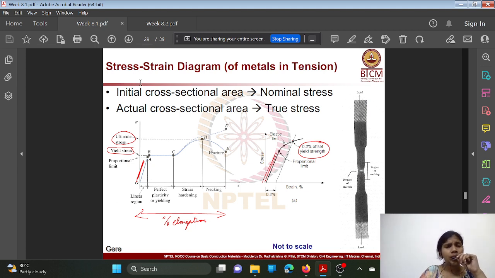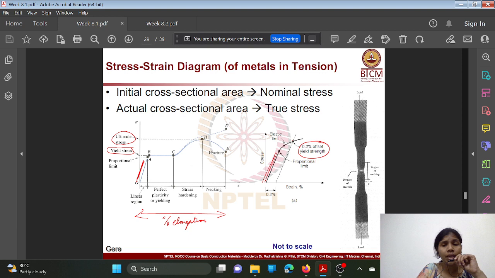And you know this stress strain diagram of metals in tension, you know how it would be. And you know what nominal stress and true stress are, because when you calculate the stress using the initial cross section area, it is known as nominal stress. After applying the tensile load, at this point you will see some necking region.